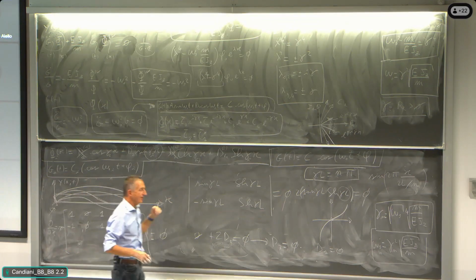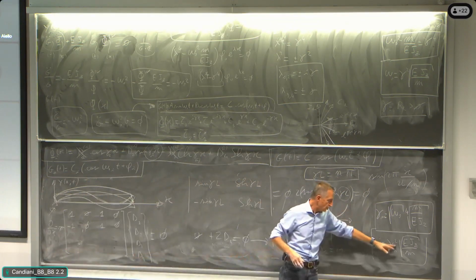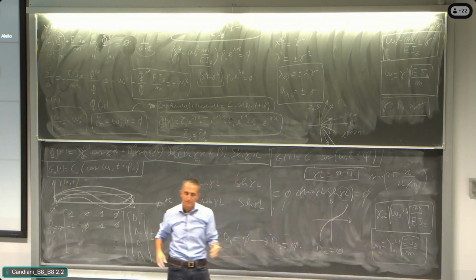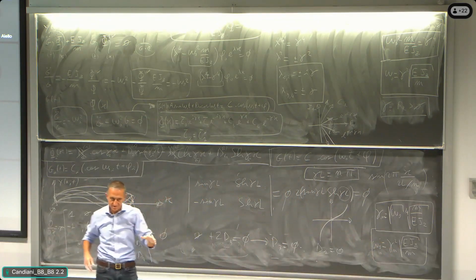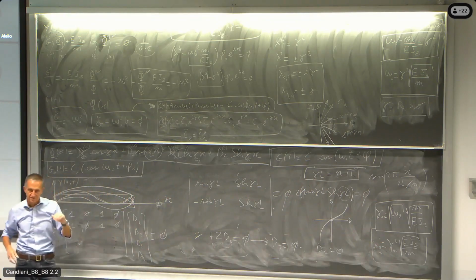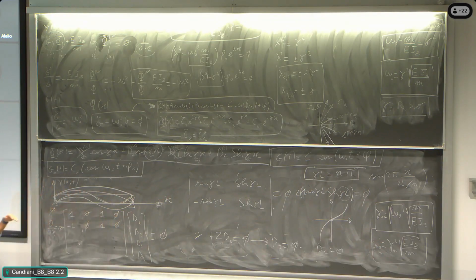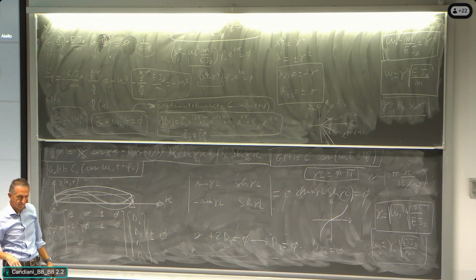But the frequencies will go with the power of 2. So the second mode frequency will be 4 times the first mode frequency. The third mode frequency will be 3 to the power of 2, 9 times. So the behavior of the beam is very similar, simply supported, but very different because the frequencies are jumping up with the power of 2, and in the cable they are linear with the order of the mode.